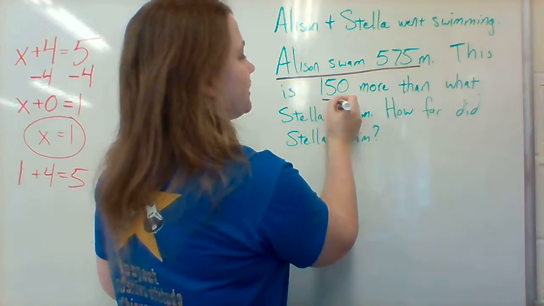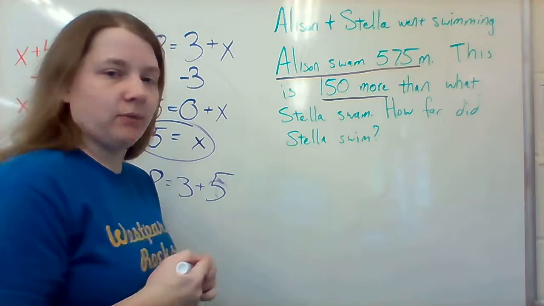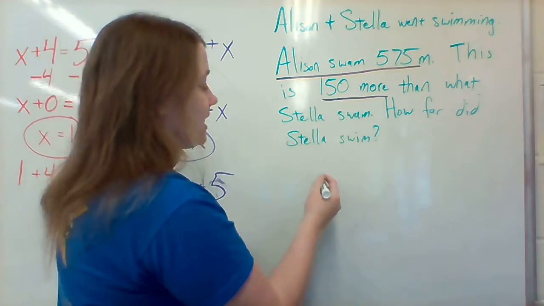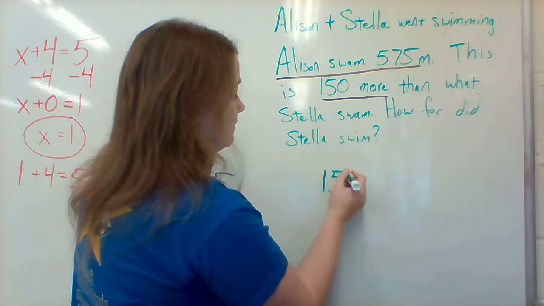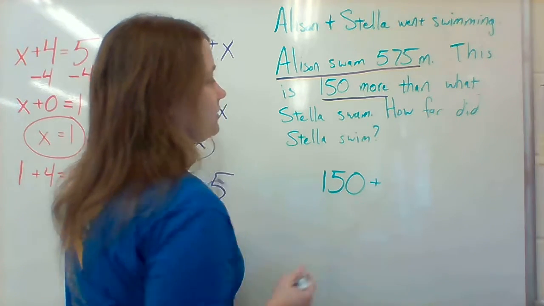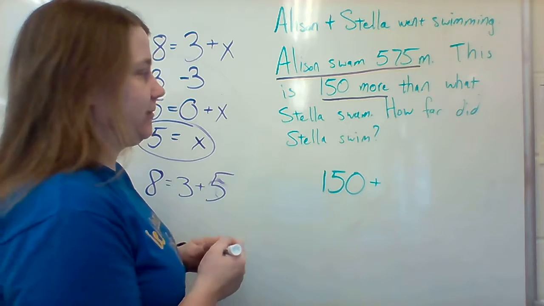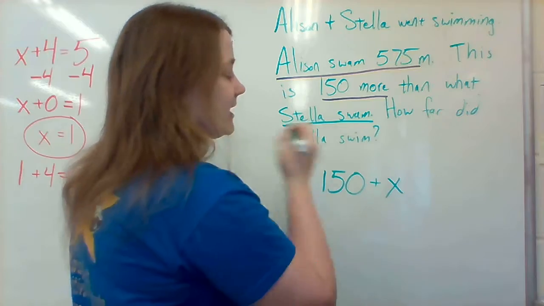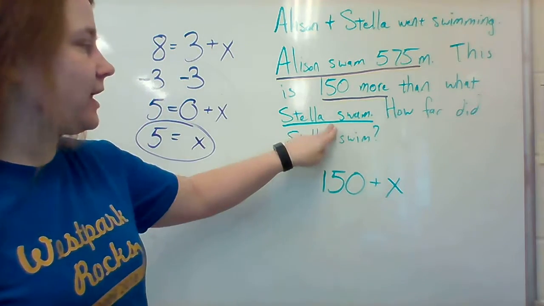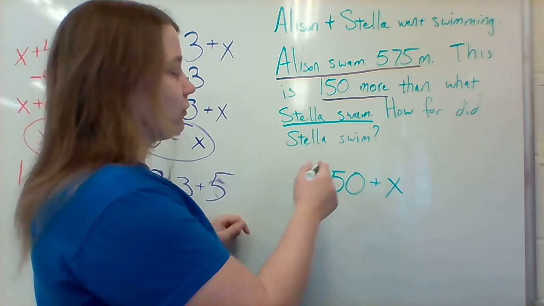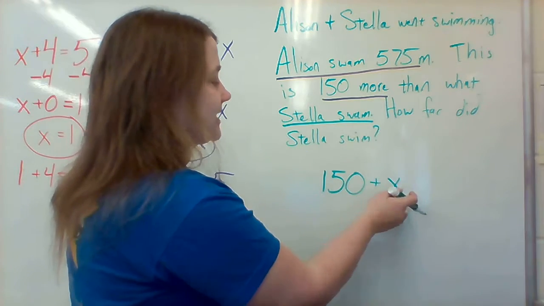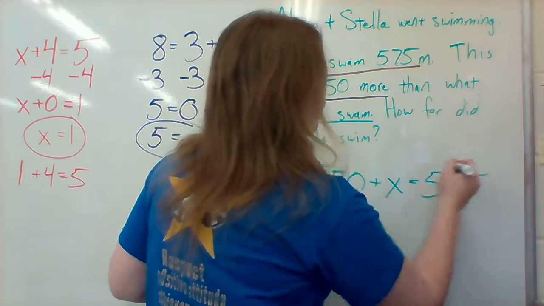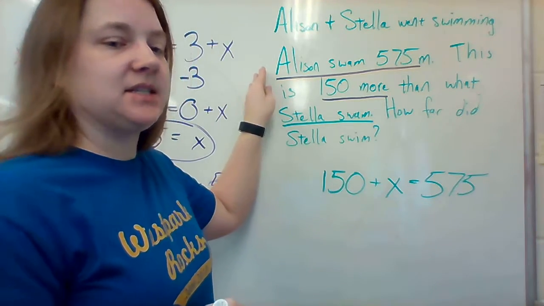We know that it's 150 more than what Stella swam. So we know that we're going to be taking 150 and adding it to what Stella swam, and I'm going to choose to make that an x. So now Stella's number is an x. So 150 plus Stella's distance gets us 575, or gets us Allison's distance.